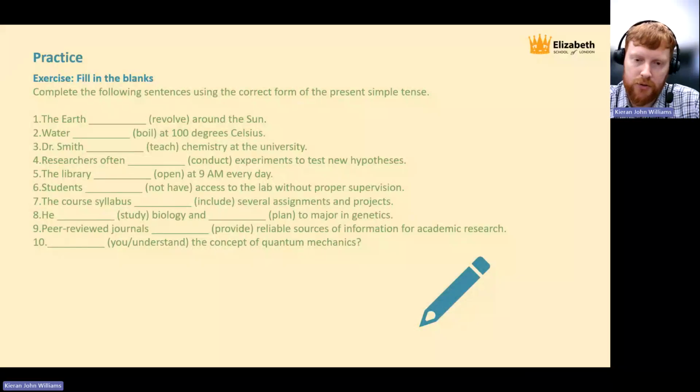So what you might want to do is pause the video and have a look at the questions and complete them for yourself. Okay. And then we will come back and we will see what the answers are together. Okay. So here they are on the screen. So you can see them now. So pause your video, write down your answers, and then we will check them afterwards.